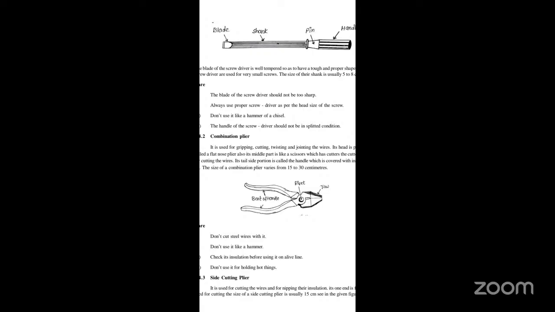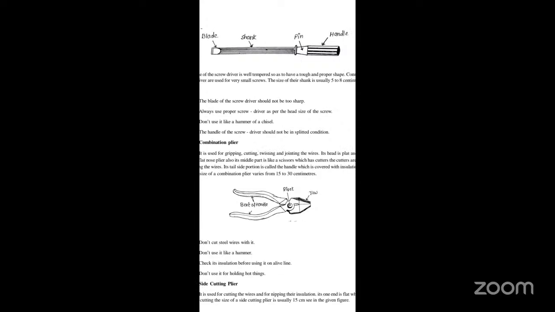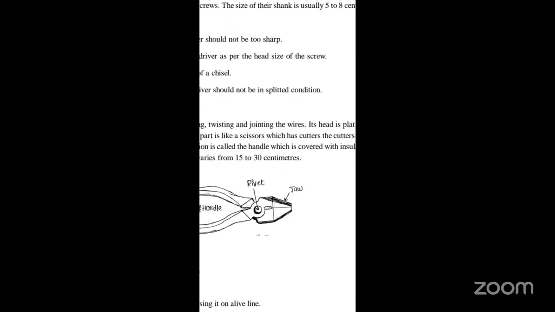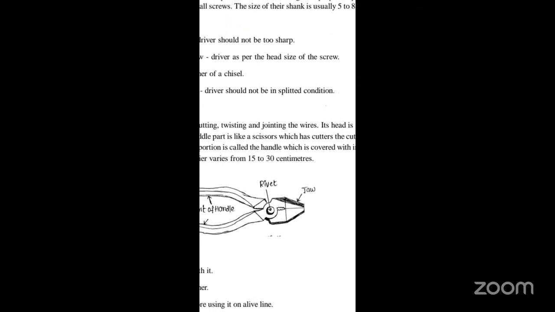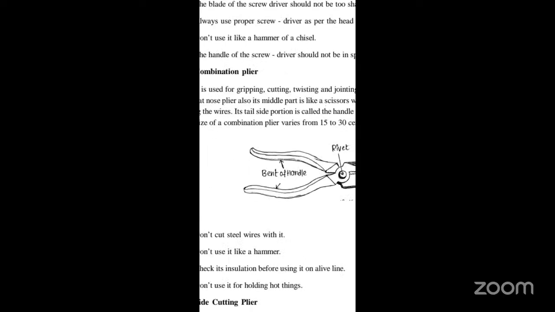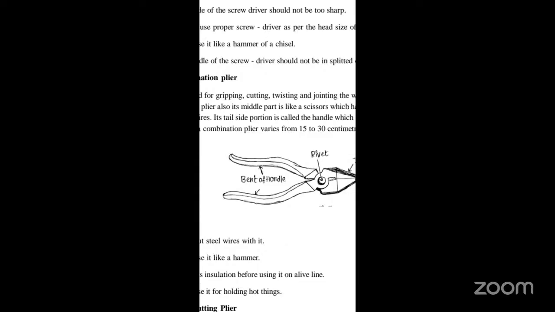Next, combination plier. It is used for gripping, cutting, twisting, and jointing the wires. For that purpose, we are using this one. What are its parts? Bent of a handle, rivet, and jaw. Jointing the wires, twisting the wires, cutting the wires, gripping the wires, we are using the combination plier.